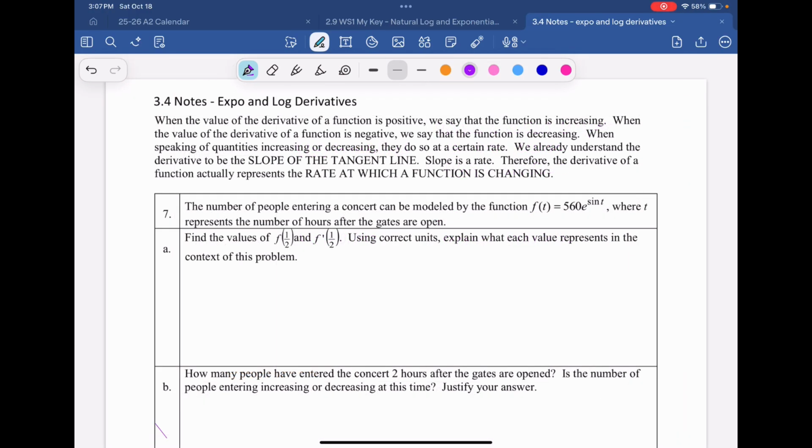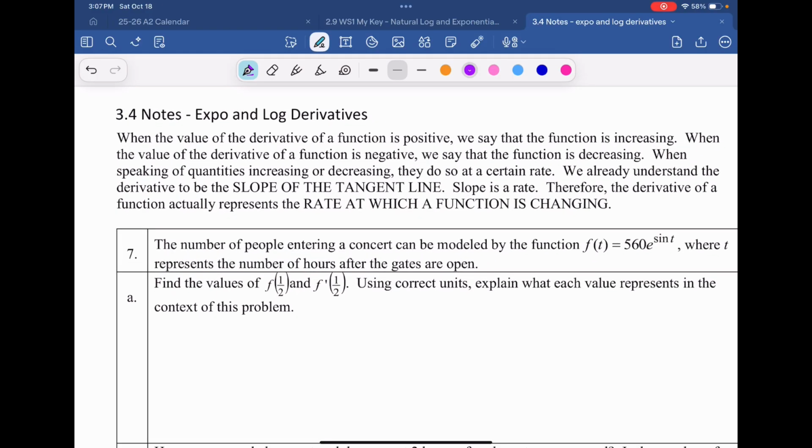All right, now this page I want you to pay such close attention to, okay? Because it's not simply finding the derivative at specific values, it's interpreting the meaning of the derivative at that value. All right, so what we've simply been doing is we're talking about when the derivative is positive, the f of x is increasing, the derivative is negative, f of x is decreasing, but that means something in terms of a context.